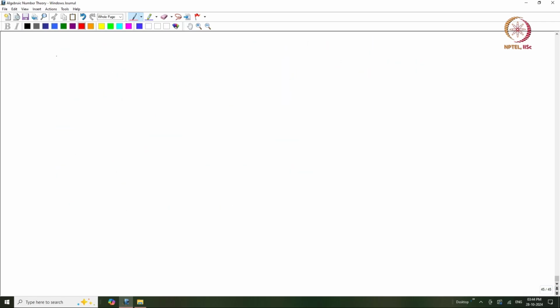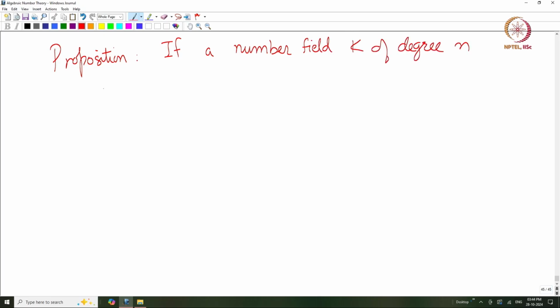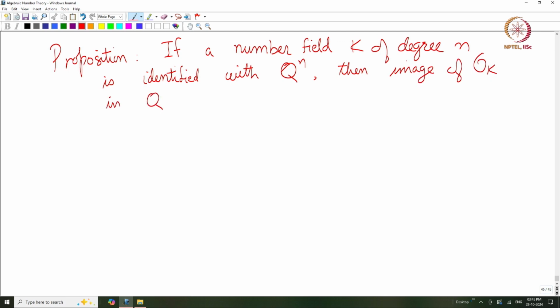So, recall the proposition. If a number field K of degree n is identified with Q to the n, then image of OK in Q to the n is a lattice.